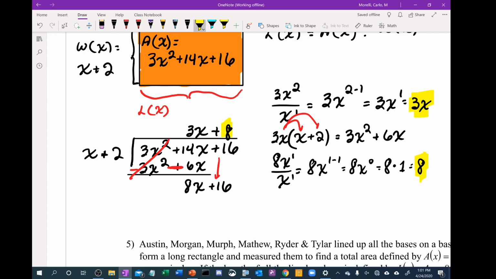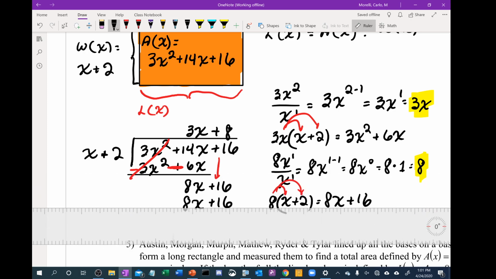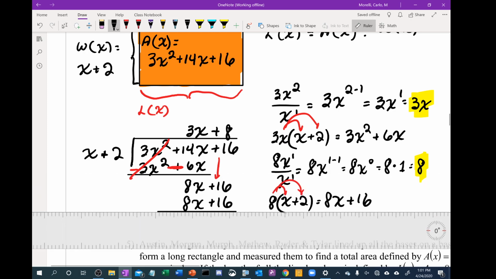Now we multiply this new term of the quotient by the entire divisor. And that gives 8 times x plus 2, this binomial right here. And we're going to distribute multiply the 8. 8 times x equals 8x. 8 times 2 equals 16. So we write 8x plus 16. And then we draw a line, and we change both of our signs.